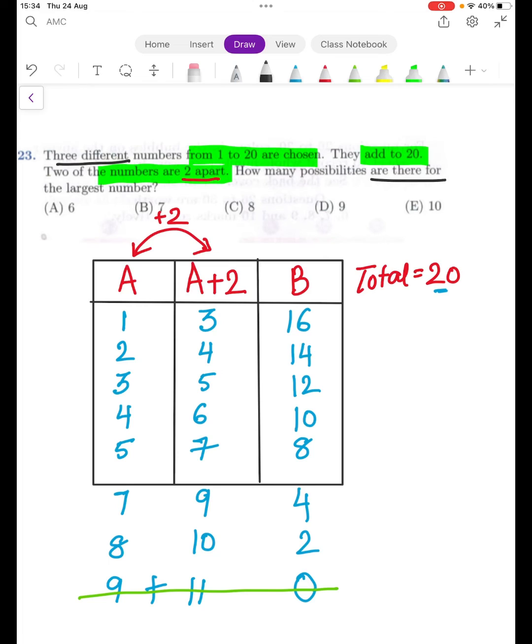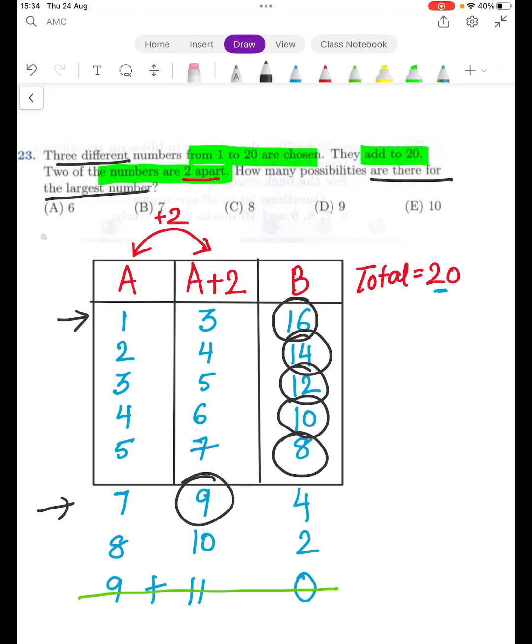Now they are asking us how many possibilities there are for the largest number. In the first scenario, the largest number is 16. In the next one, 14. Next scenario, 12. The largest number in the next scenario is 10. In the next scenario it is 8. In the next scenario it is 9. And the next one is 10.